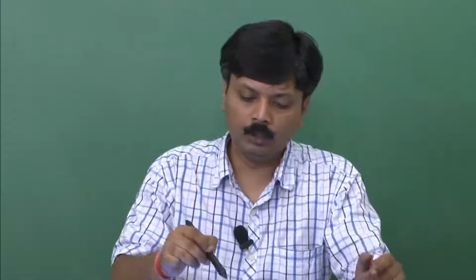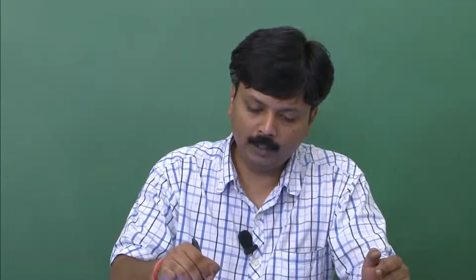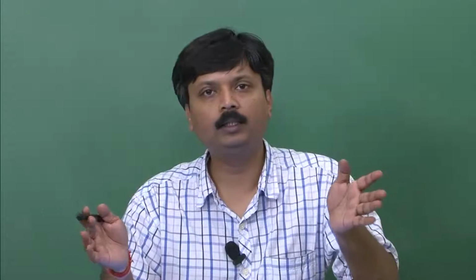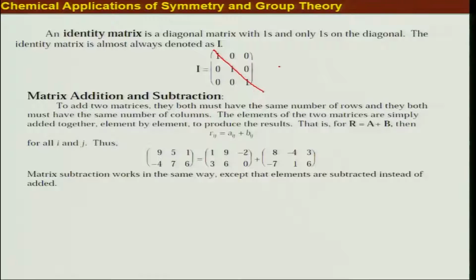Okay, so for a square matrix, this is the diagonal. Correct. This is just like you take a square and you get a diagonal for that. So along the diagonal, all the elements are unity and the rest of the elements are zeros. So this is called the identity matrix, and all the time the identity matrix is denoted by the symbol I, capital I. Okay, this is a normal convention.